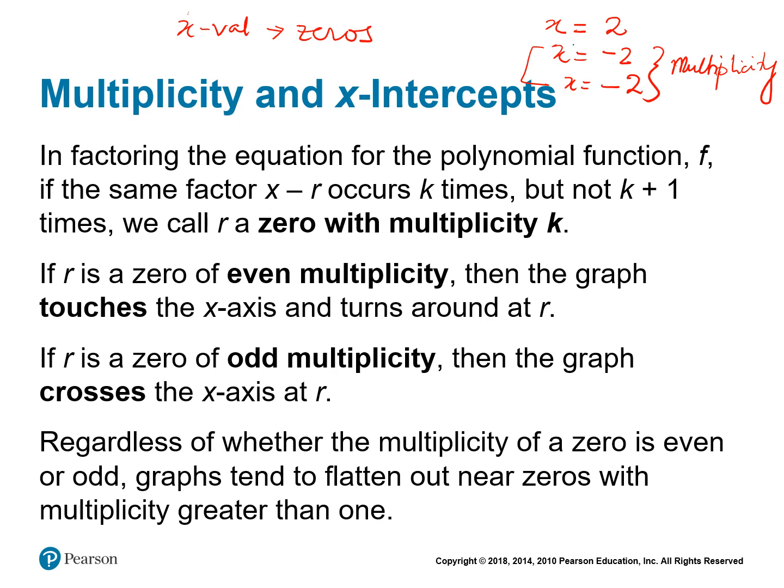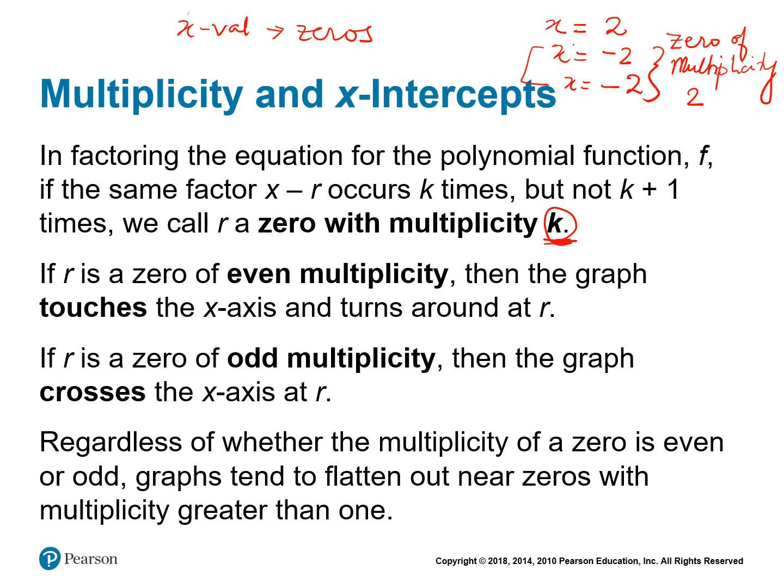So we call these zeros with multiplicity k, k being the number of times the value is repeated. In our case here, x equals -2 appears 2 times, so it will be called a zero of multiplicity 2. So k here represents the number of times the same value is repeated.